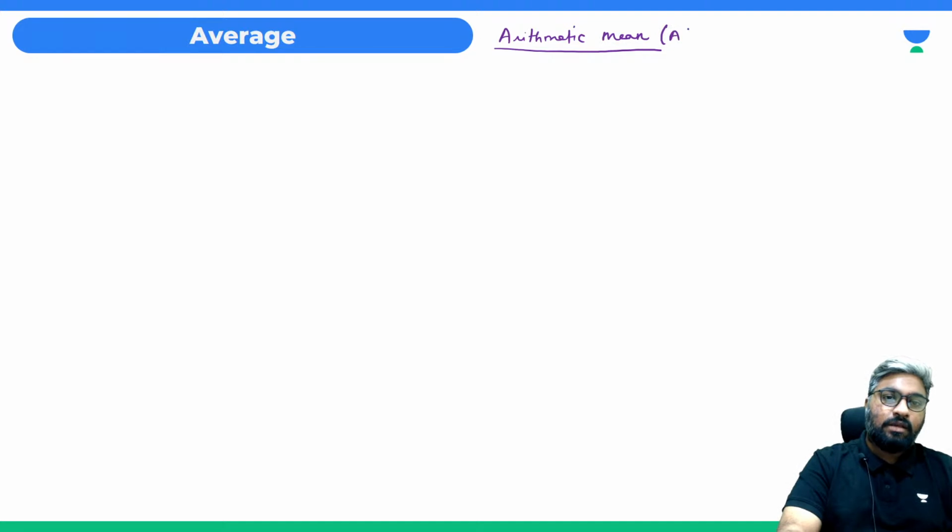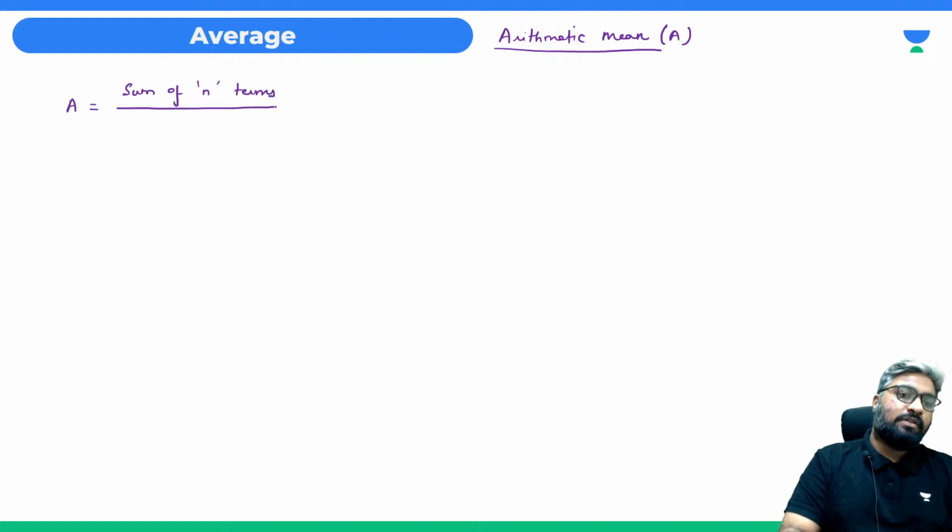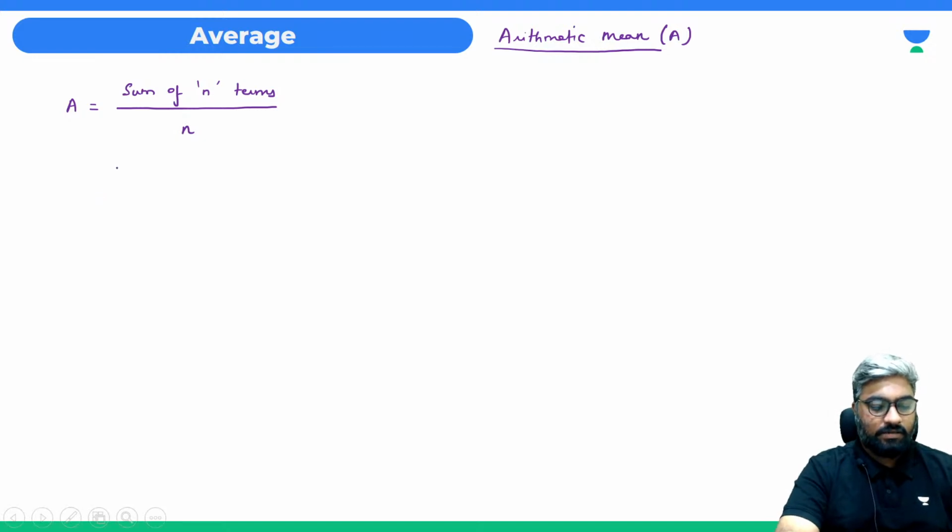Okay. So we all know that the average or arithmetic mean is nothing but the sum of n terms divided by the number of terms, which is n. Cool. This is something that we know. Sum of n terms divided by n, right?